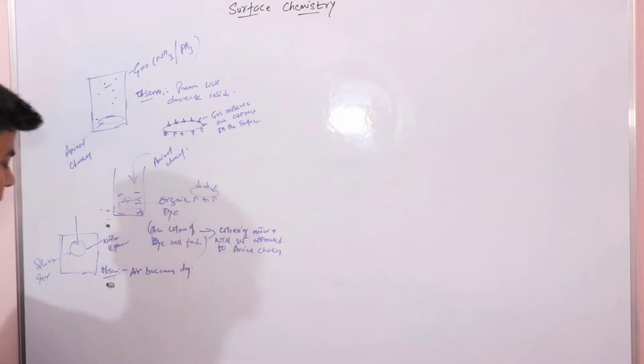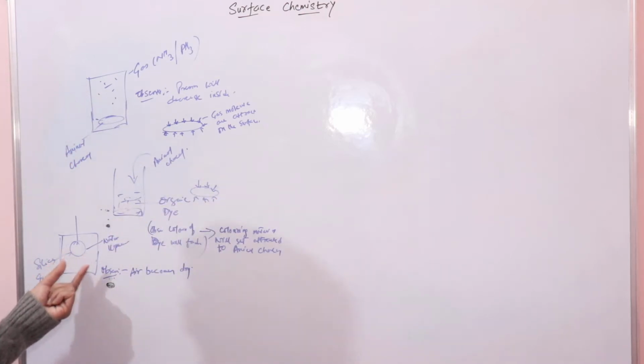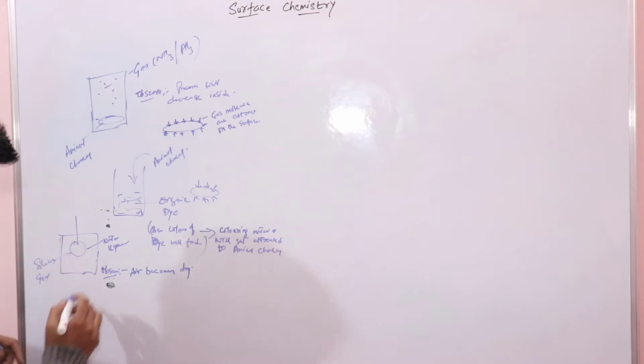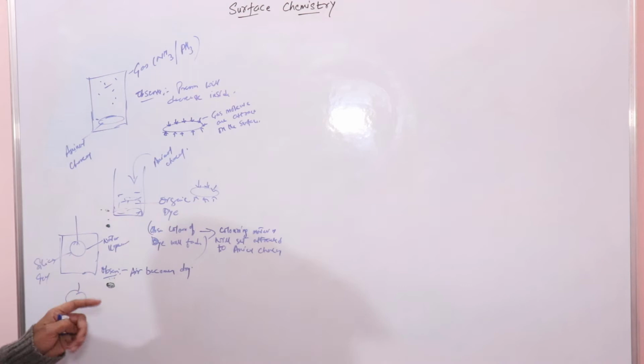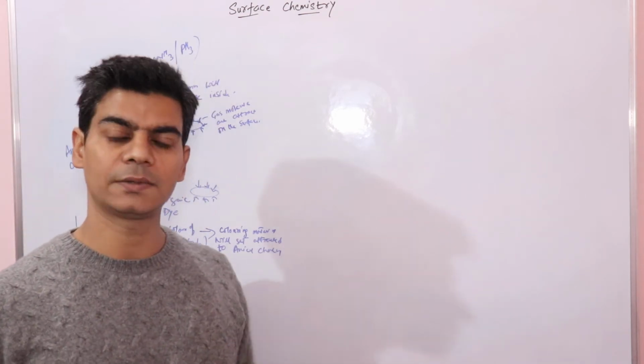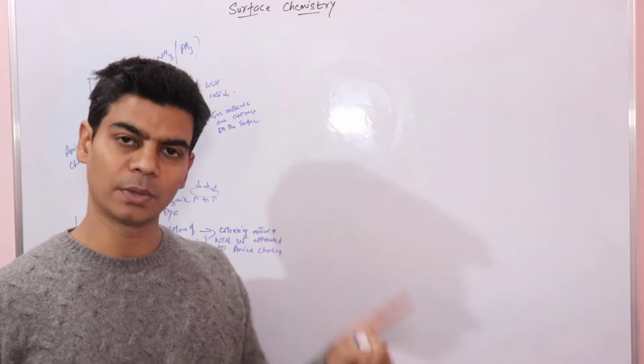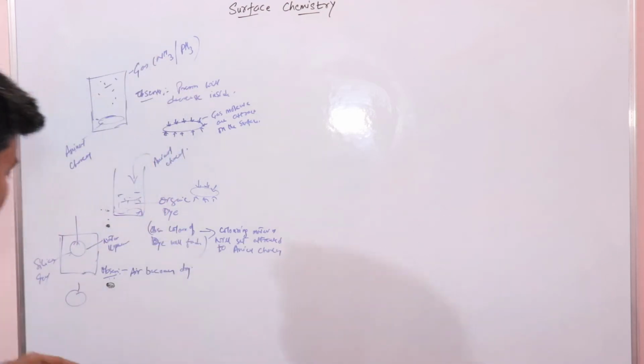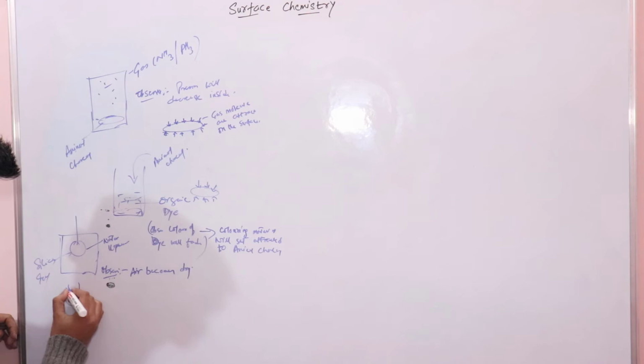Here this is silica gel. After some time the moist air inside the vessel will become dry. The reason for this is that the silica gel will attract the water vapor from inside the vessel onto it.